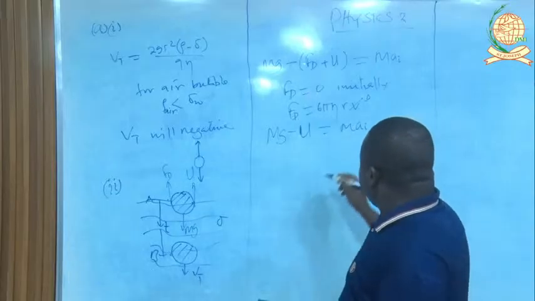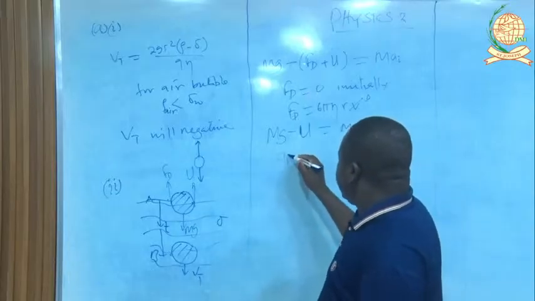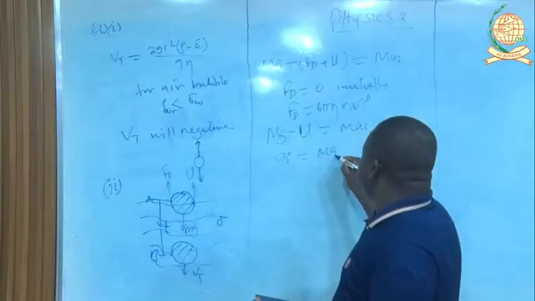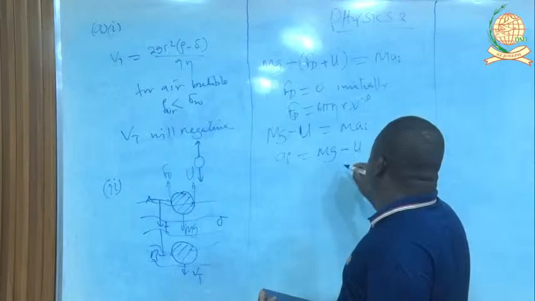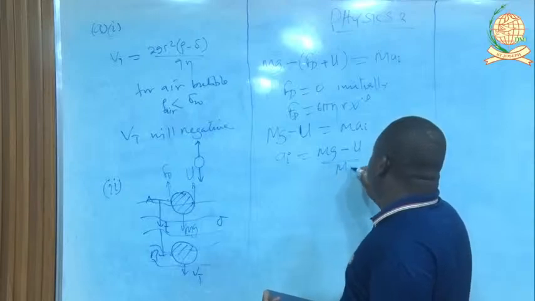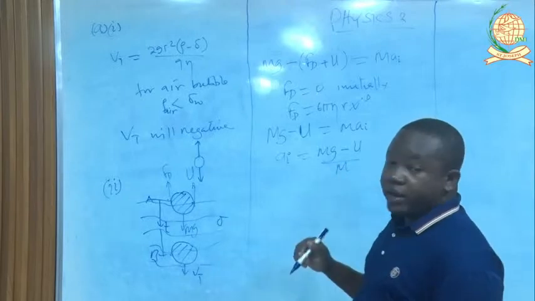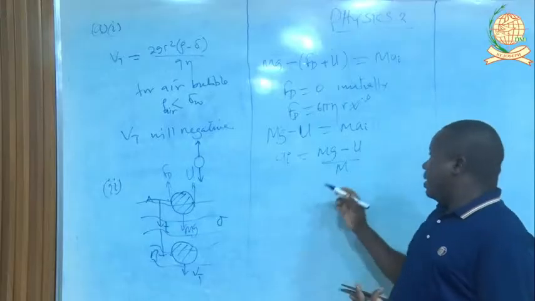Then the initial acceleration will be equal to weight minus upthrust divided by mass. Then what is the upthrust?